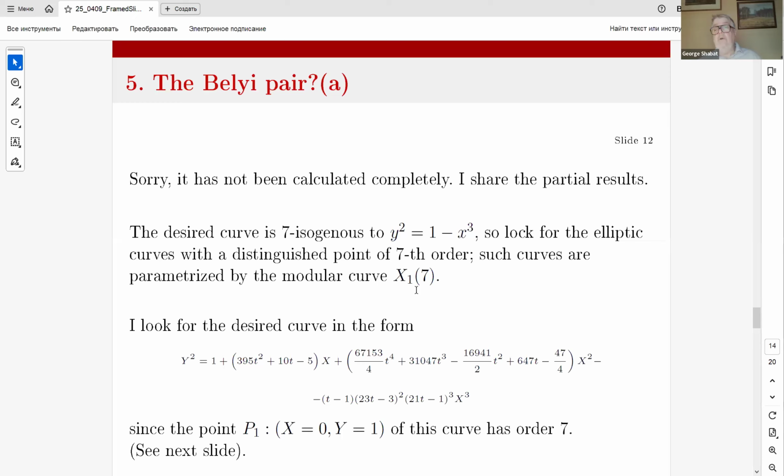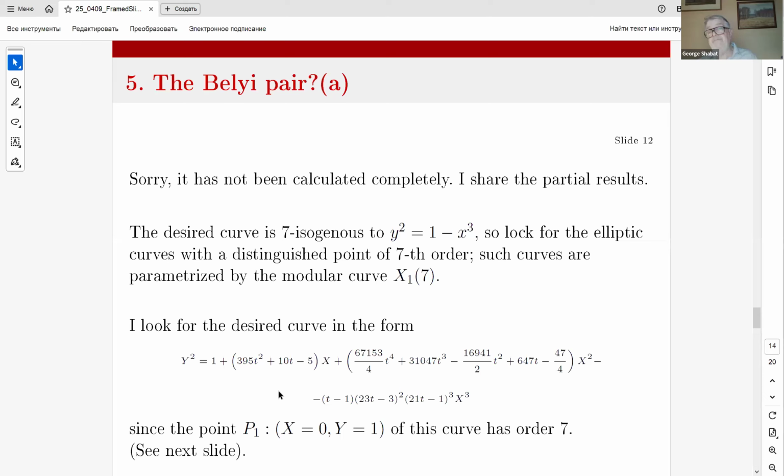So what is the origin of such a maybe strange parameterization? I write the elliptic curve in such a form that, besides the infinite point, it has a marked point where x is 0 and y is 1.